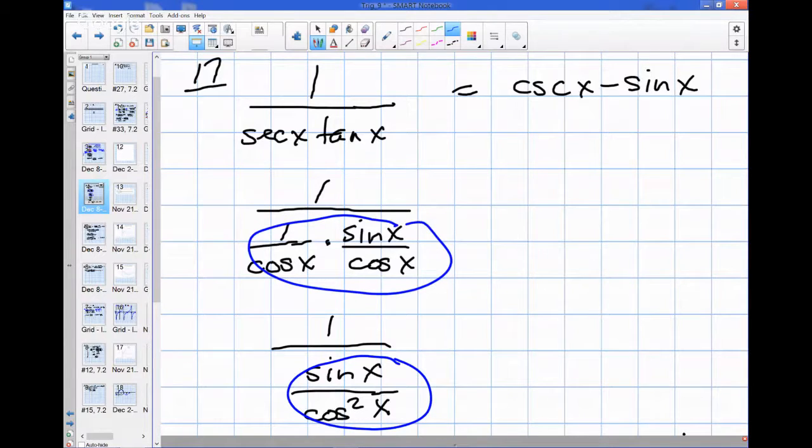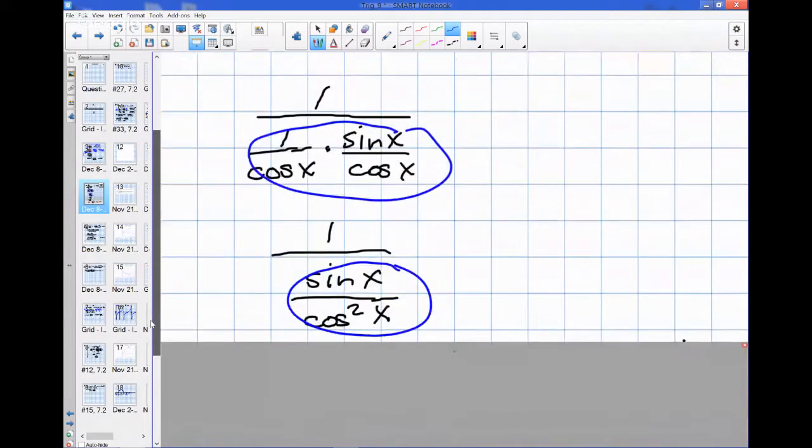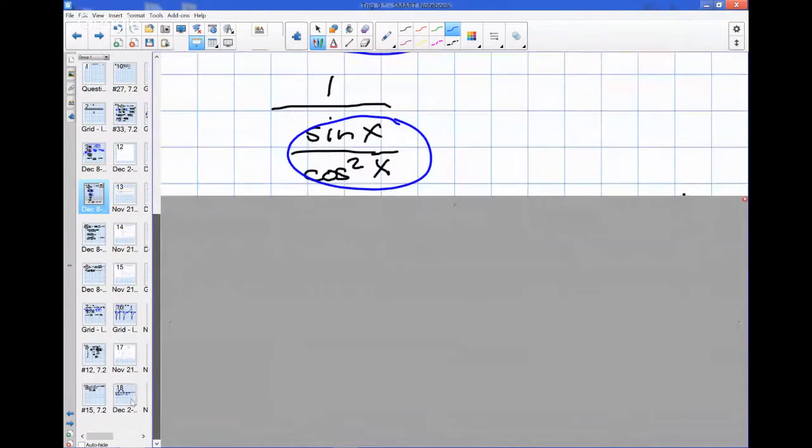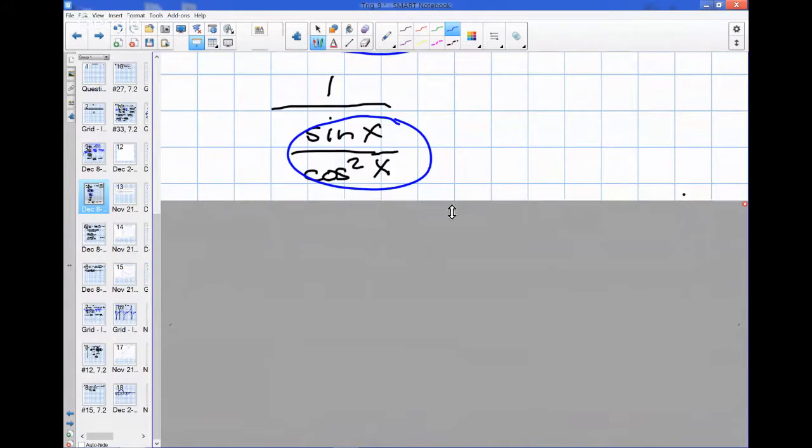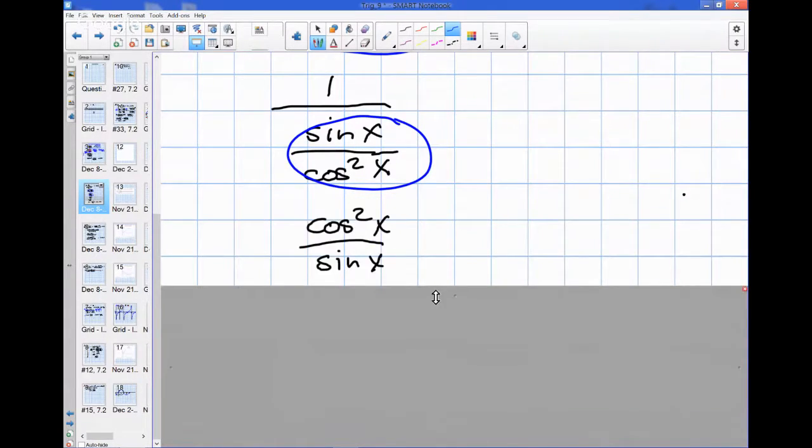Now, what's this 1 over sine over cosine squared? Doesn't that just mean do the reciprocal? So as we scroll down here, if we just flip that sine over cosine squared, we don't need the 1 on top anymore. Now we're at cosine squared x over sine x.